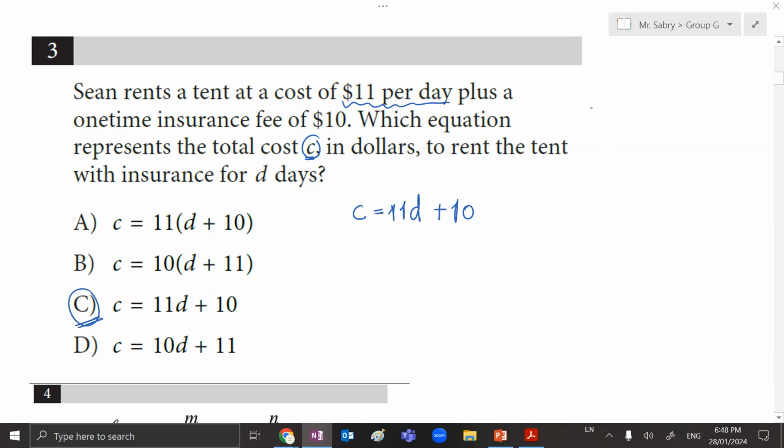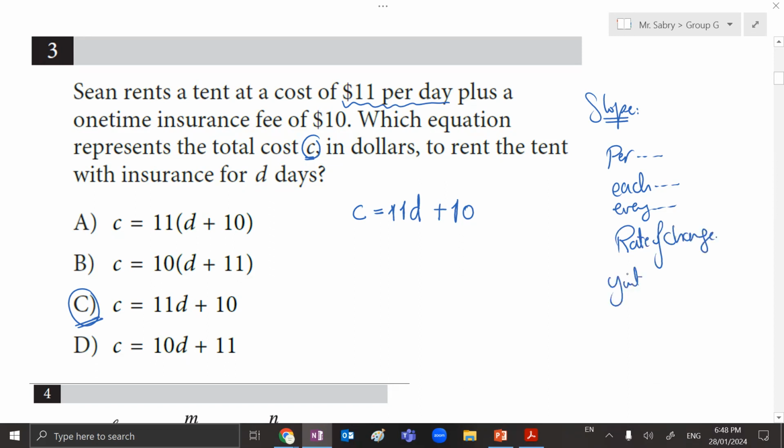There's another thing to remember here: whenever we're discussing the slope, a question has keywords. It is the increase per day, the decrease each hour, every month, for example, the word rate of change. All of those are keywords for the slope.